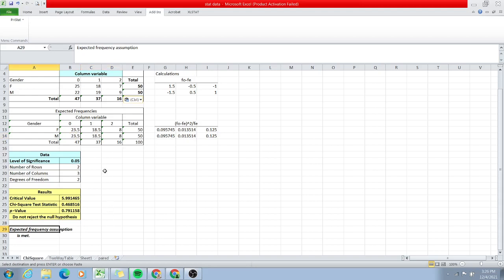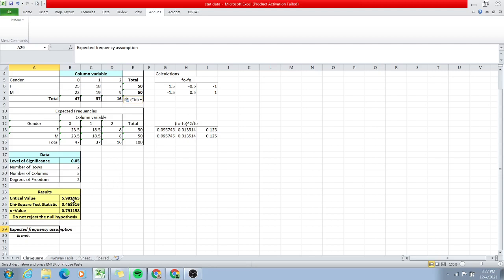If there is an expected frequency less than 5, the note will be expected frequency assumption is not met. In that case, you have to increase the sample size so that there will be no cells with less than 5 expected frequency.